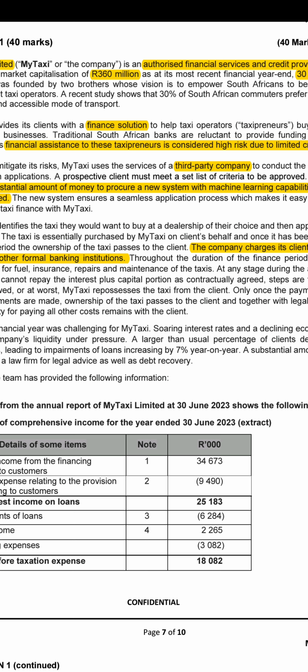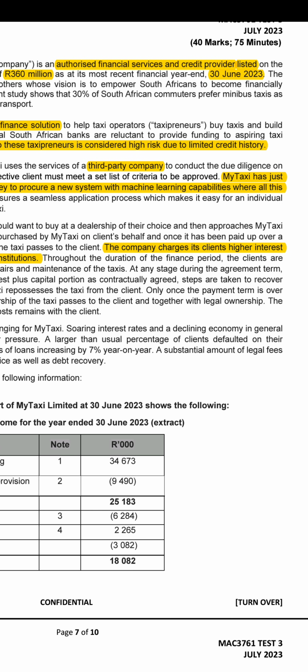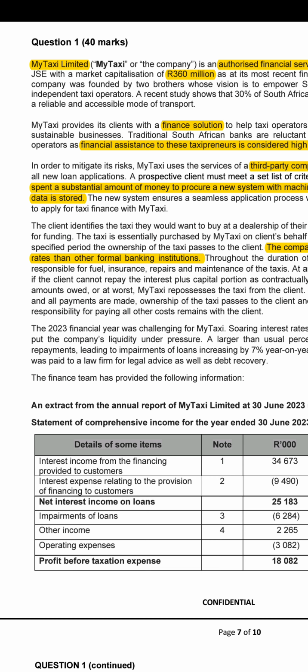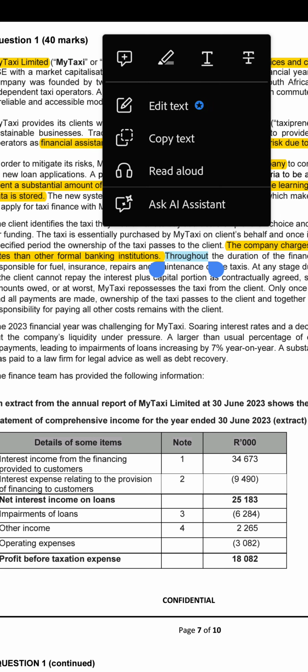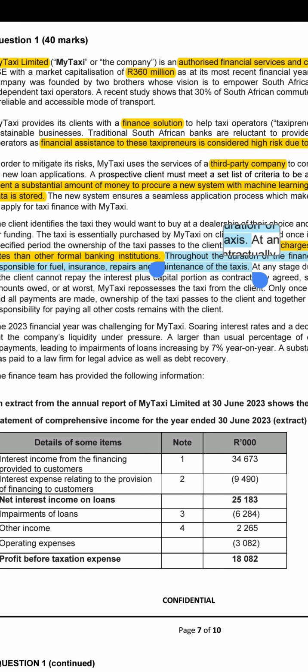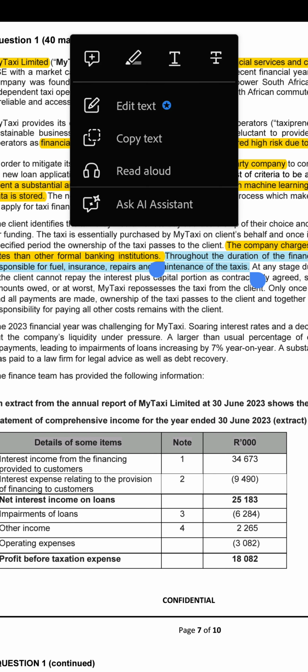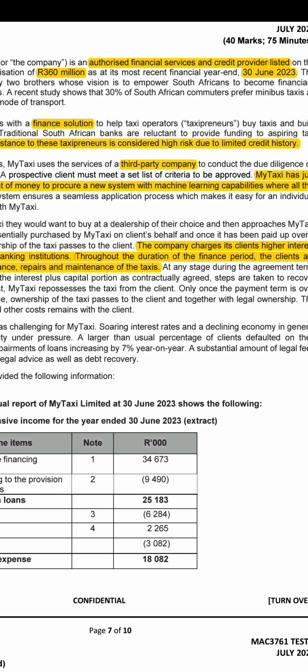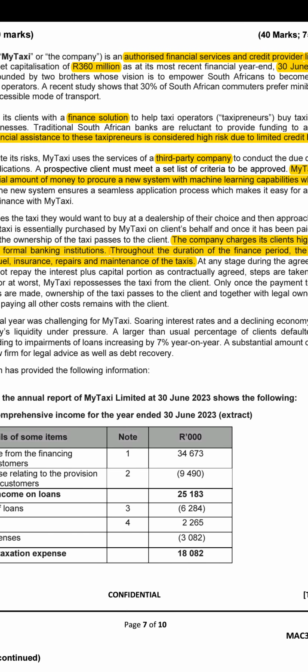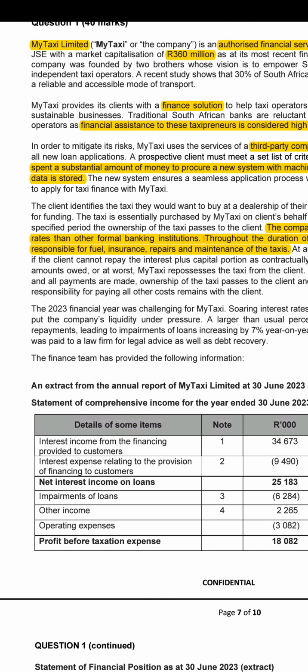Okay, let's move on. Throughout the duration of the finance period, the clients are responsible for fuel, insurance, repairs, and maintenance. So that's also something that's important. Okay, so this tells us where the day-to-day operations and running of these taxis fall.